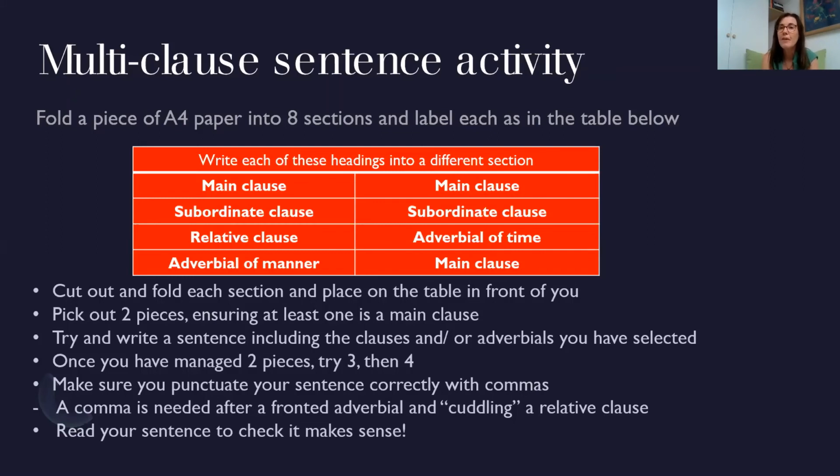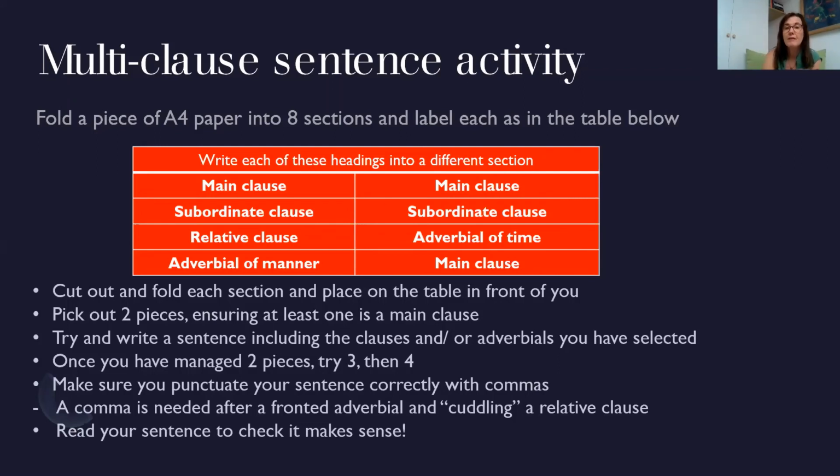If you're doing three, you might have a main clause, a relative clause, and an adverbial of time perhaps. So you have to play around with them and see if you can come up with a correctly punctuated sentence that makes sense and has those elements in it. Don't forget to punctuate your sentence correctly with commas.